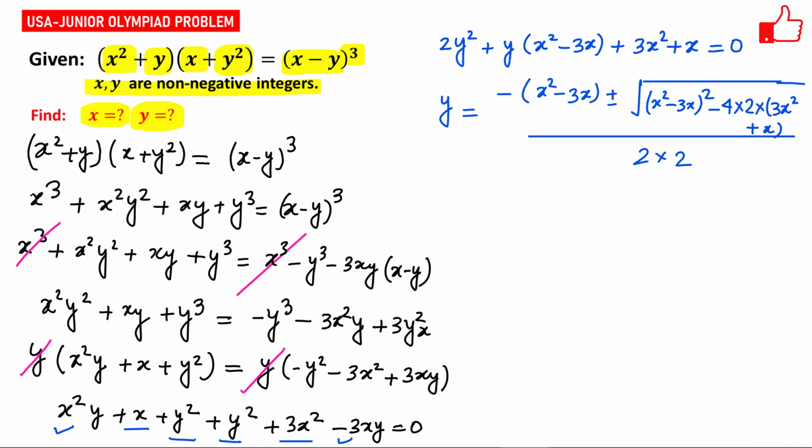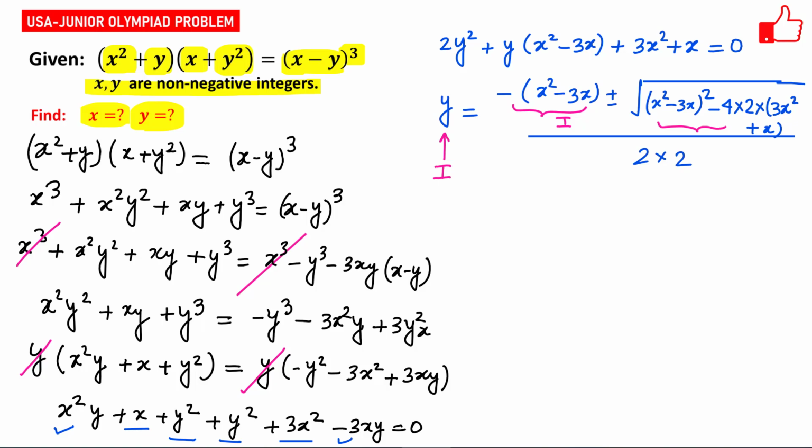Now see, in the question it is given that x and y are non-negative integers. This means this is an integer and x is an integer. This means this component is also an integer. This means this also has to be a perfect square, so I can take this outside the root. So the term inside the root must be a perfect square.